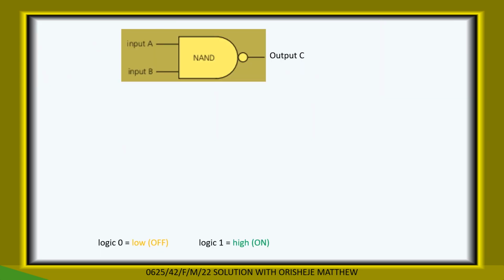So this is just the diagram for a NAND gate. Then if you look at the truth table for a NAND gate, you have A and B, and then C. Let's review the NAND gate.